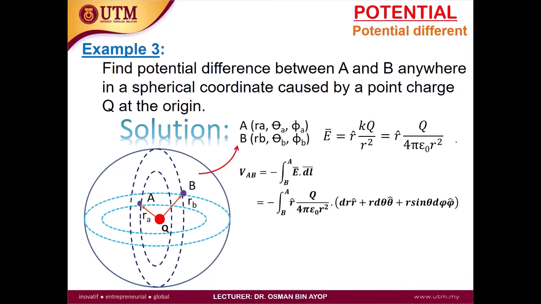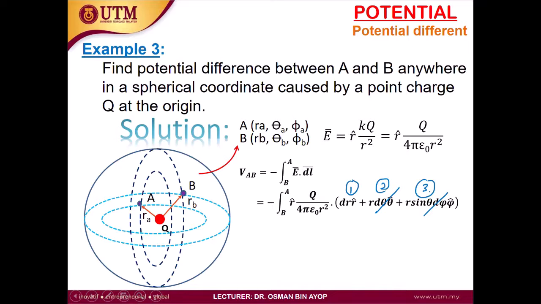And then you insert E equal to Q divided by 4 pi epsilon naught r squared, and our dl in spherical coordinates has the dr in the direction of r as the first element, and then we have r d theta in the direction of theta, and r sin theta d phi in the direction of phi. As we can see from our spherical coordinates, our E field only has an r component, so therefore we won't bother about the theta and phi components.